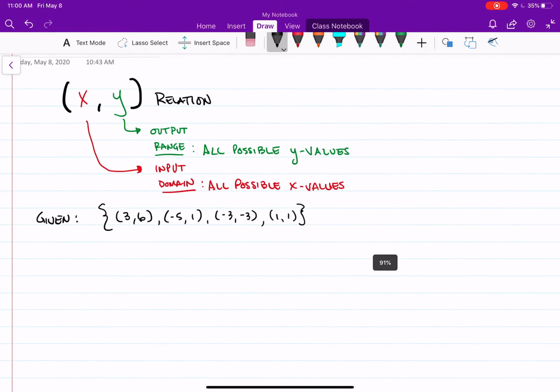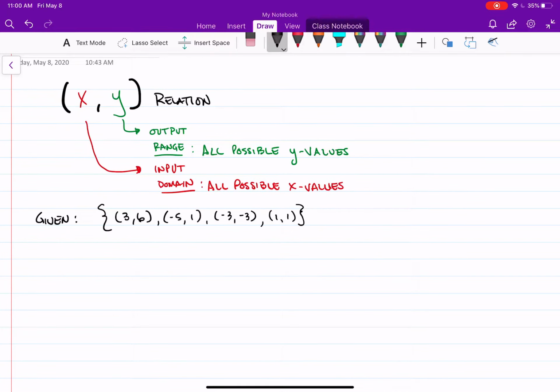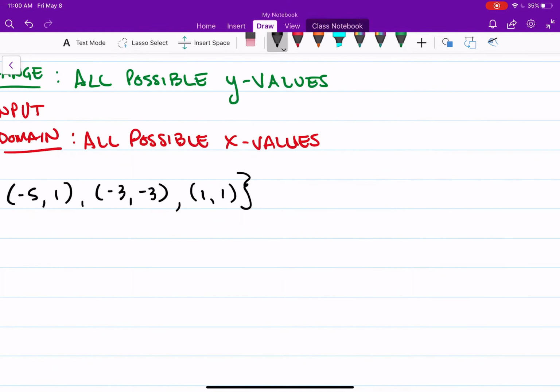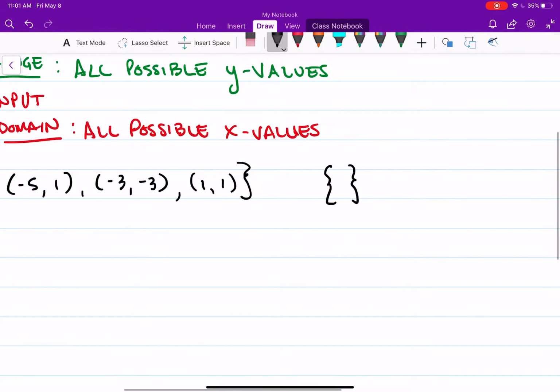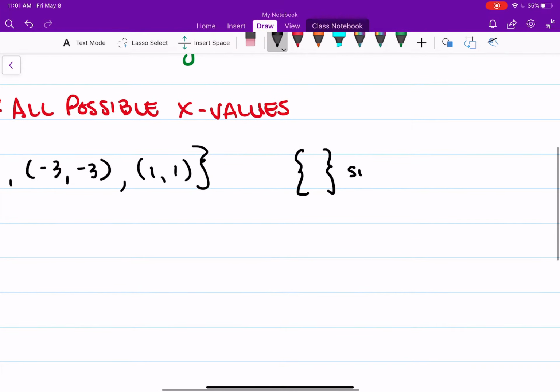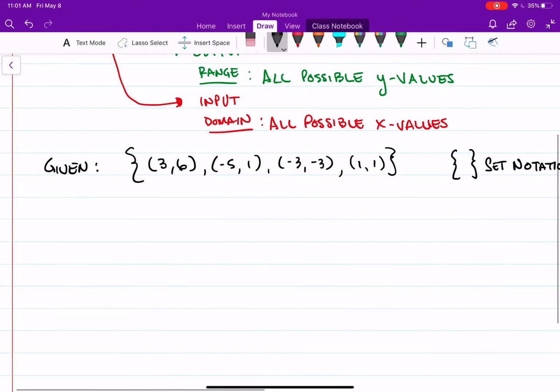As a side note, these so-called squiggly brackets, if you can't draw those, it's all because of practice. You can certainly do this. Okay, I'll understand that that's what you're trying to draw. When you put things in here, it's called set notation.